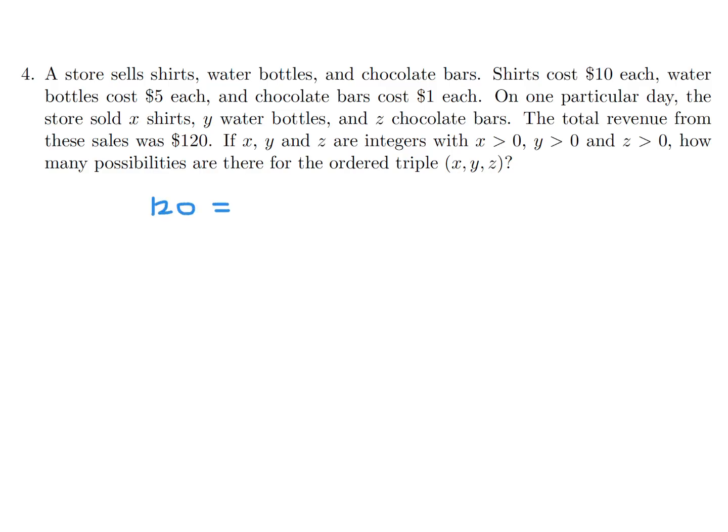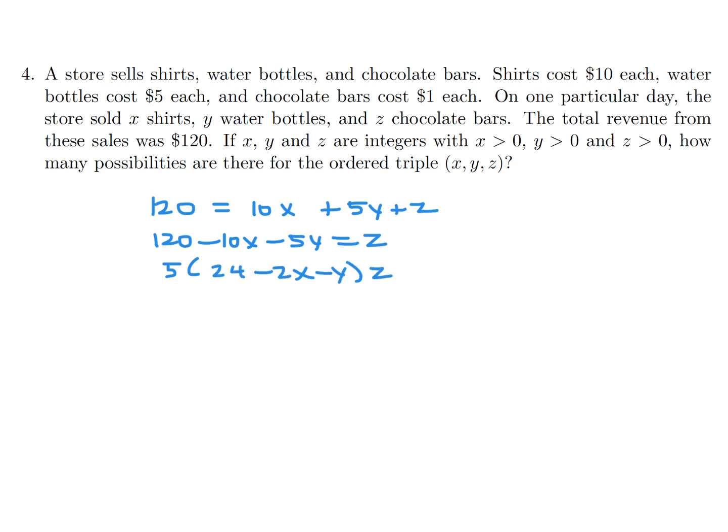So the equation that we would create with the information in the question is 120 is equal to 10x plus 5y plus z. If I put the 10x and the 5y on one side, then what I can do at this point is factor out a 5. And if I factor out a 5, I will get z is equal to 5 times (24 minus 2x minus y).